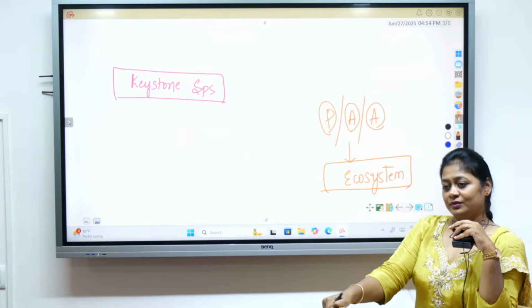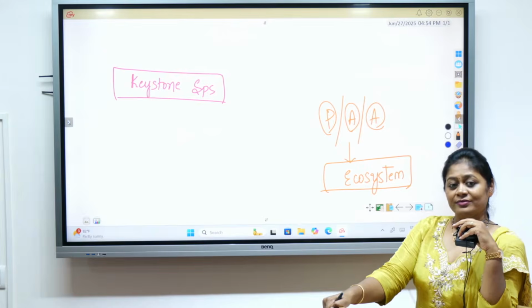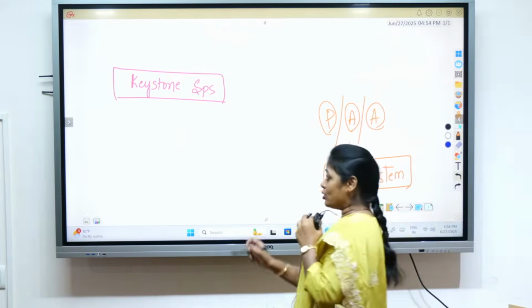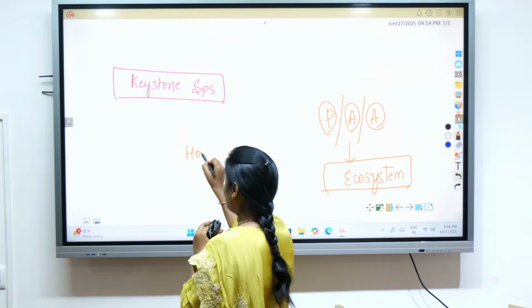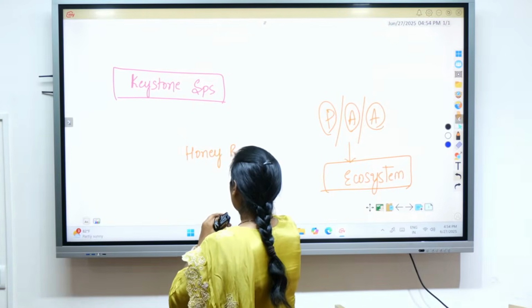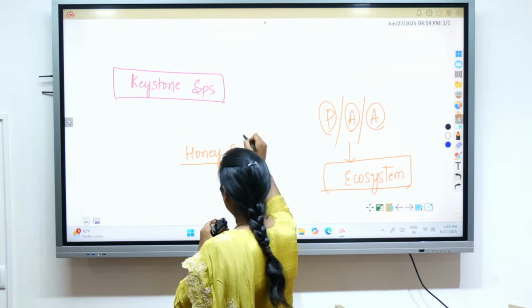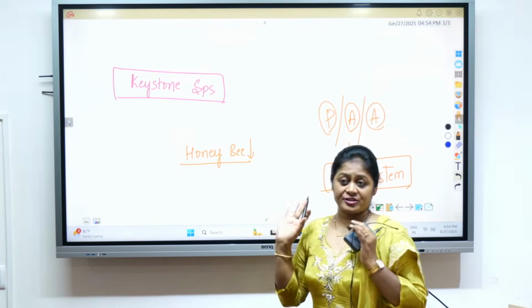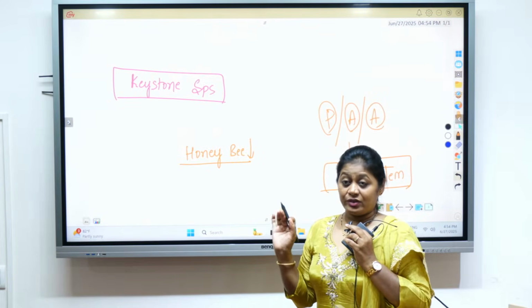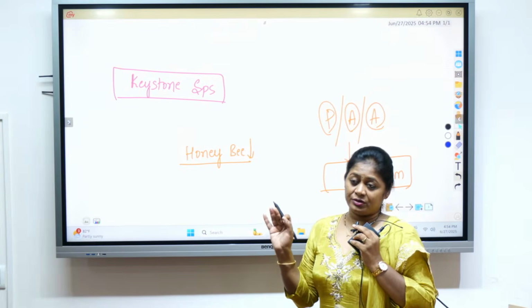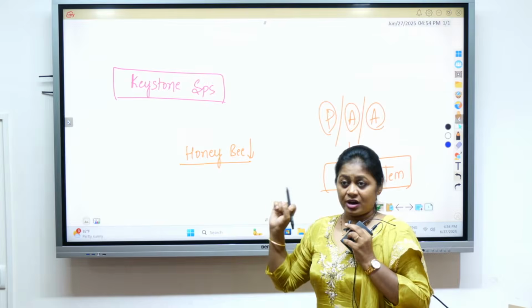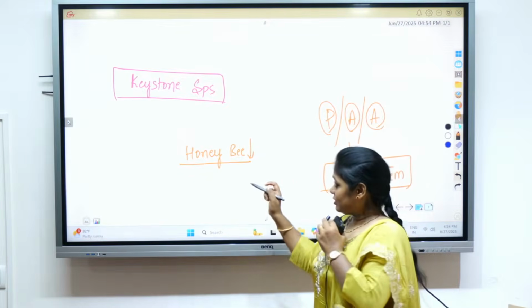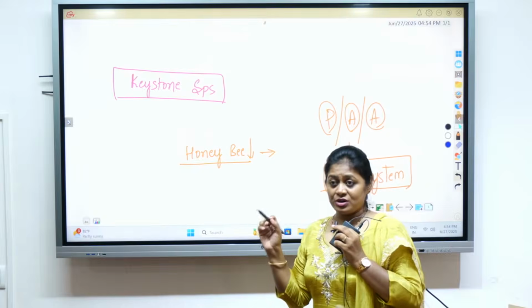Examples: tiger, the top predator; African elephant; honeybee. See, if there are no honeybees, then there will be no pollination. If honeybee numbers drastically decline, or this species perishes in the environment, you cannot even imagine the effect on the diversity of an ecosystem, because honeybees play a crucial role in pollination.